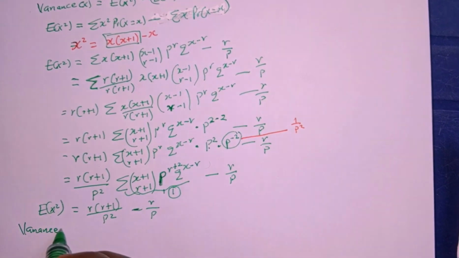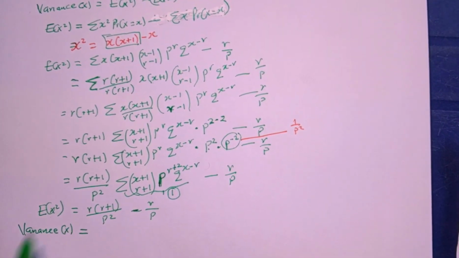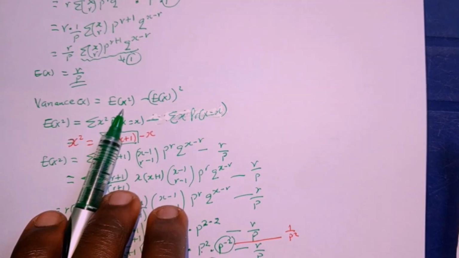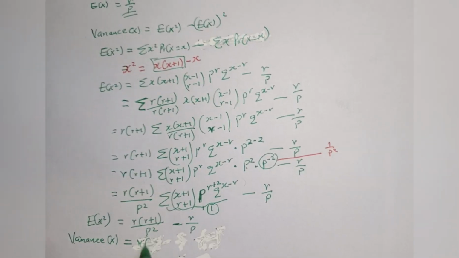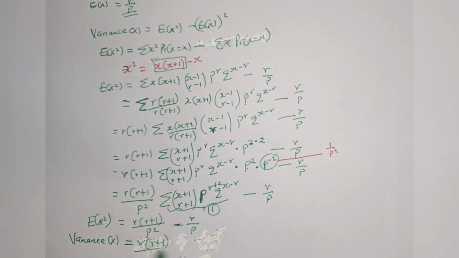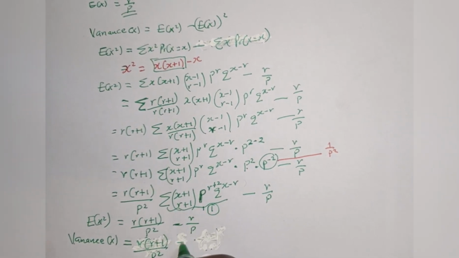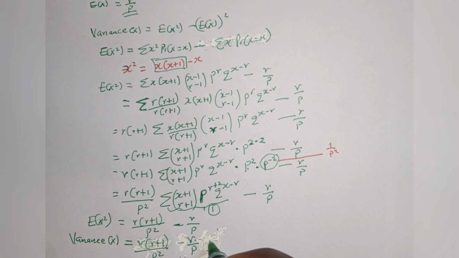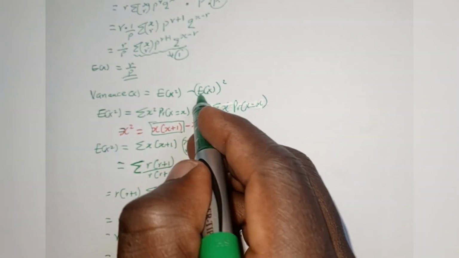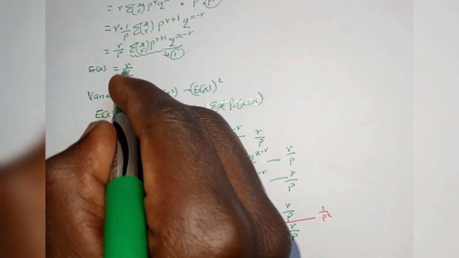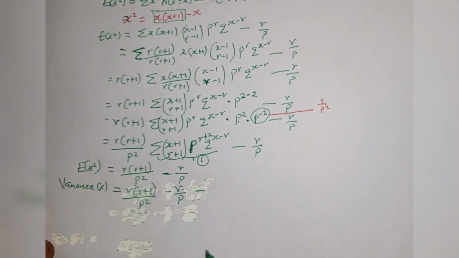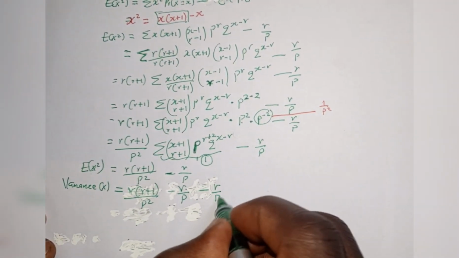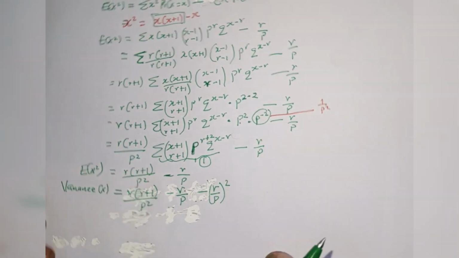Now, what we are going to look at is variance. Remember, we are looking for the variance, and we say variance is the expected value of x squared minus the expected value of x all square. So this is r into r plus 1 all over p square minus r over p, then minus, from the formula, the expected value of x, which is computed to be r over p. So we replace it with r over p, but remember it's all square from the formula.